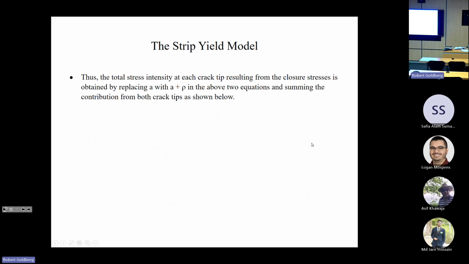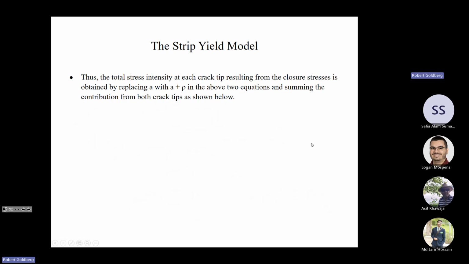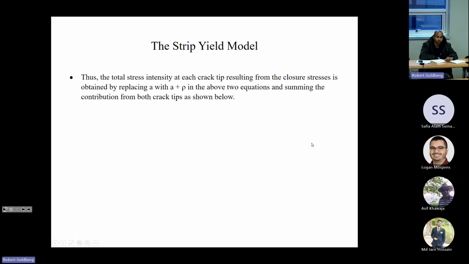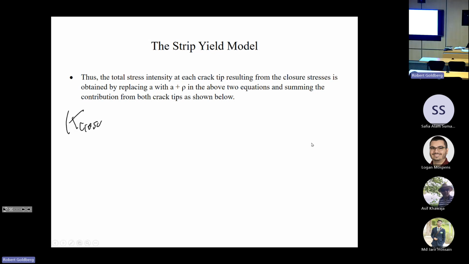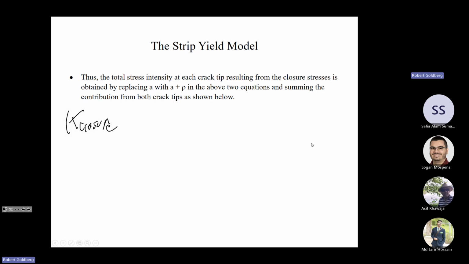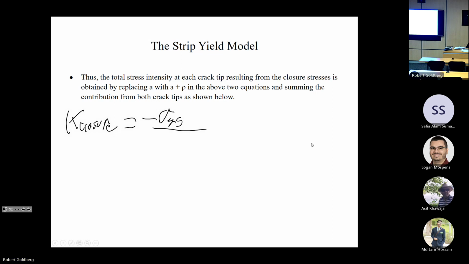So we make our substitutions, plug in, sum everything together, and what we get is our stress intensity factor for our crack closure case, equal to the negative of the stress divided by the square root of pi times (a plus rho), integral from a to a plus rho.